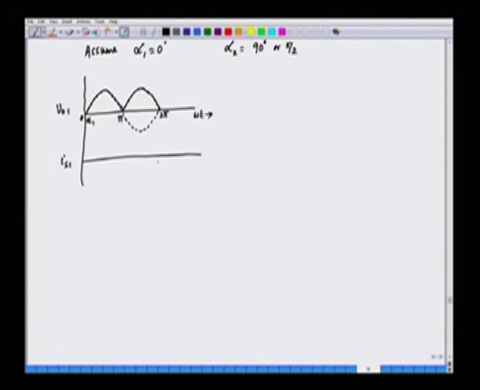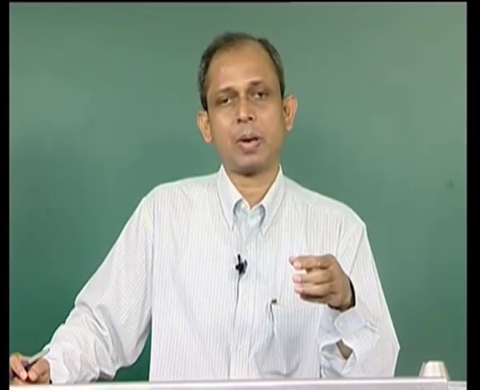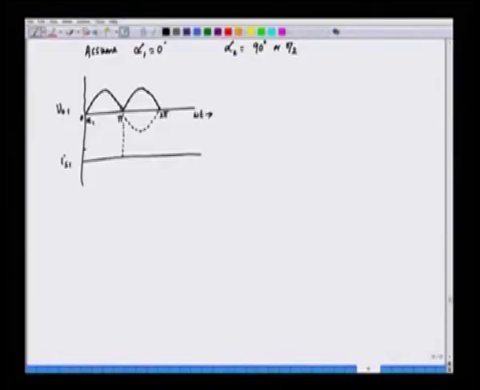What about IS1? IS1 will be like this, since it is fully conducting and the conduction here, since alpha 1 is equal to 0, the current will be flowing from 0 to pi in the positive half cycle and from pi to 2 pi in the negative half cycle. So, the current will be a rectangular current, there is no freewheeling interval. So, we will see the input current IS1 to be a rectangular current like this.